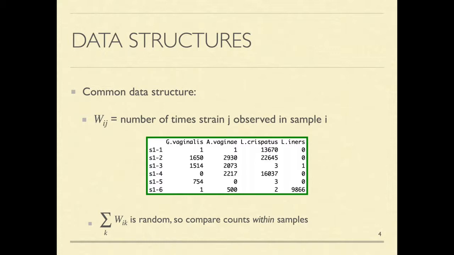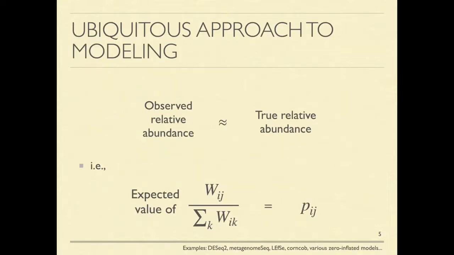And so the way that this field has proceeded over the last 15 years or so is to consider a very sophisticated set of models, maybe negative binomial models or beta binomial models or zero-inflated negative binomial models.